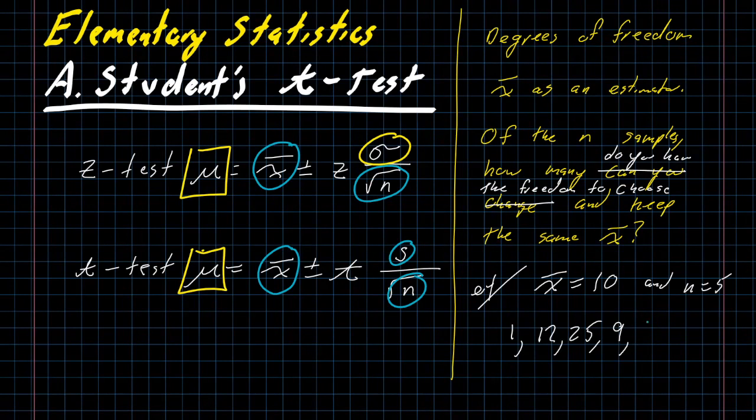That means that the only option for that last value is 3. The first 4 values in this set, I have the freedom to choose whatever I want. The last value, I do not. So the degrees of freedom in this case is 4.